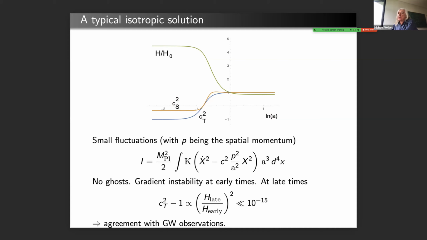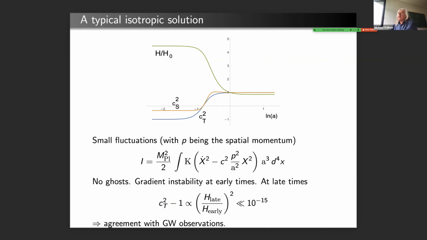Therefore, the model contains gradient instability at early times. At late times, on the other hand, speeds of sound approach unit value, and in particular, the deviation of the gravitational wave speed from the speed of light is proportional to the following ratio.